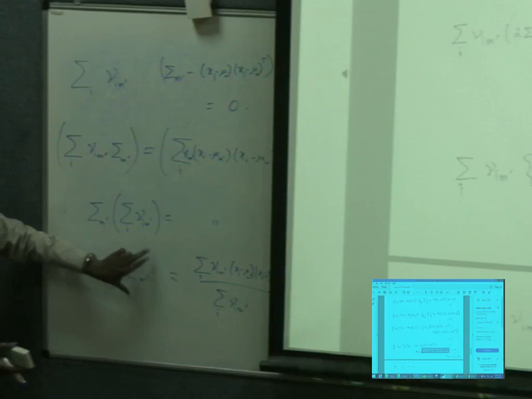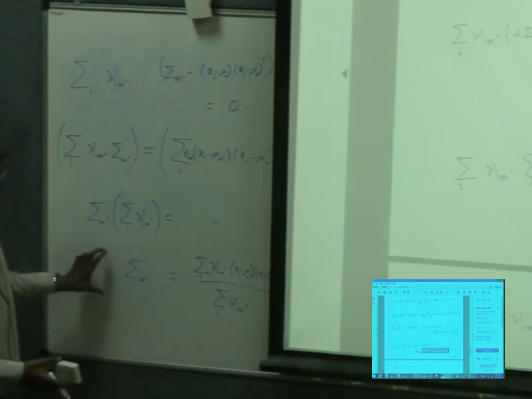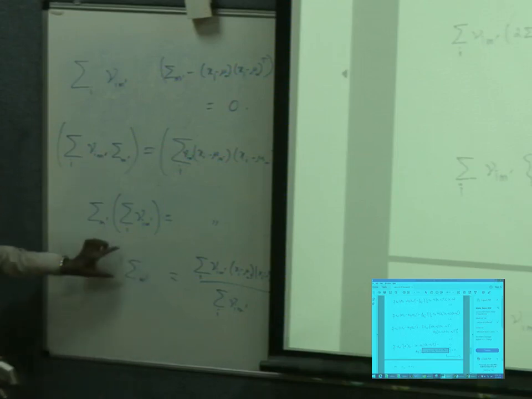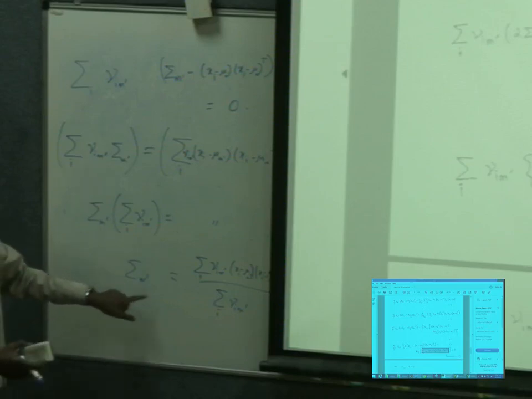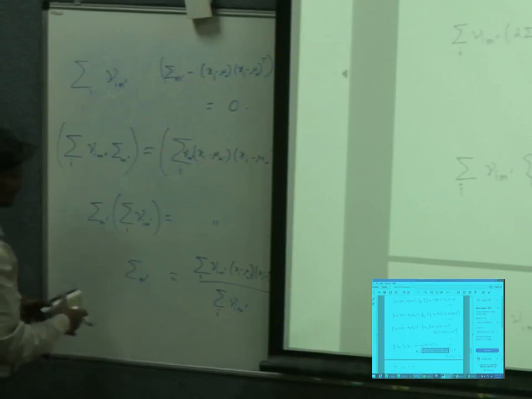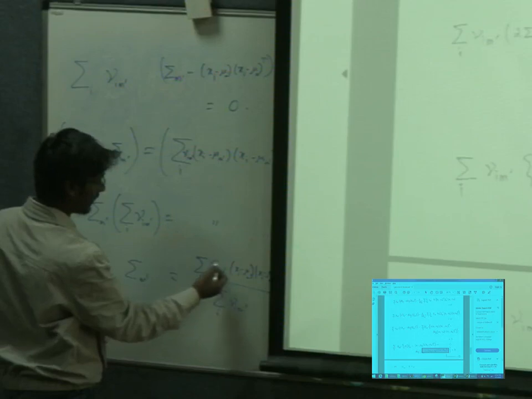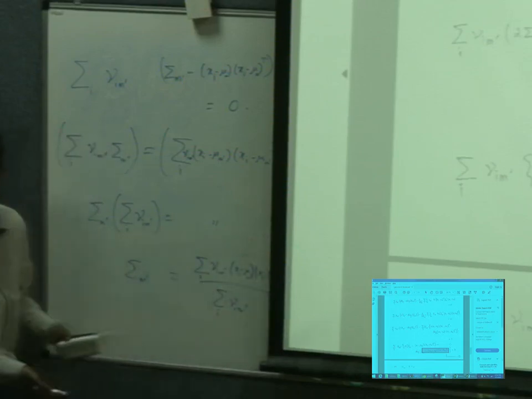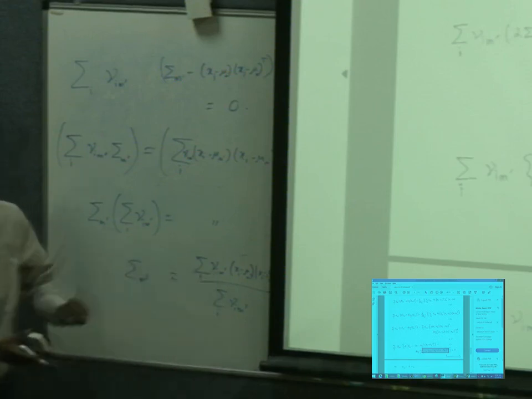So this is the final derivation of the covariance matrix of the m dash component, which is nothing but a weighted sum of the covariance of each of the samples that you have, weighted over the posterior density function, gamma.